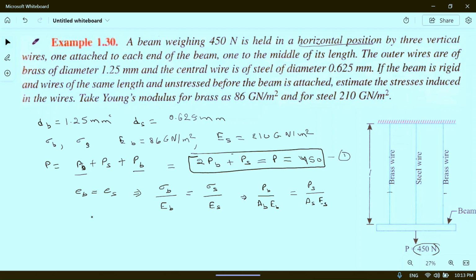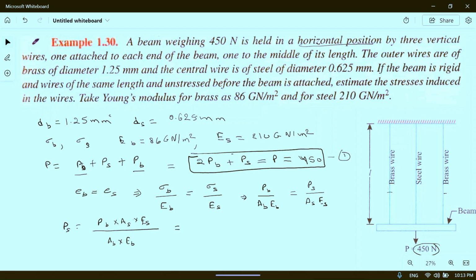So from here we can find P steel is equal to, we move A steel and E steel to this side, P brass into A steel into E steel divided by A brass into E brass.